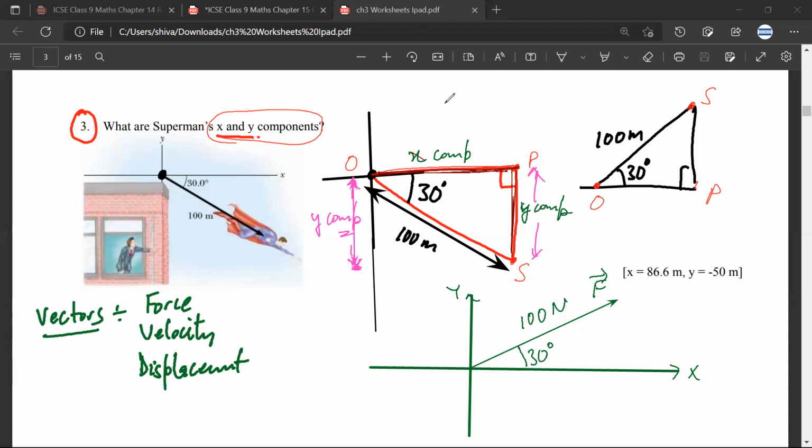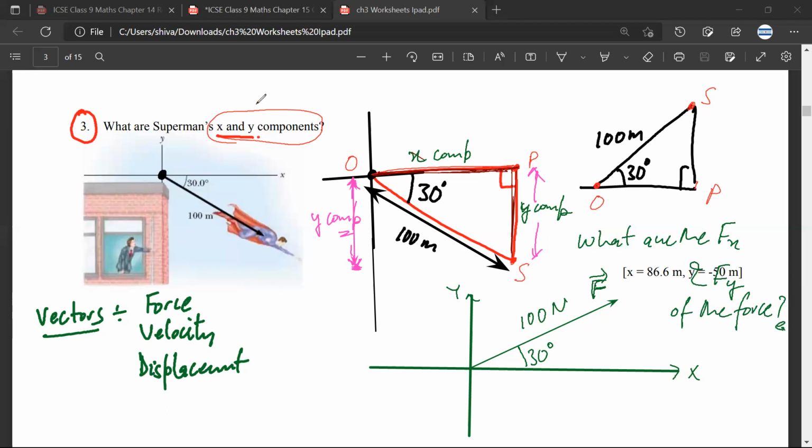Yes, sir. Now, the question that they will ask when these force questions come is: what are the x component and y component of the force? Is it making sense?